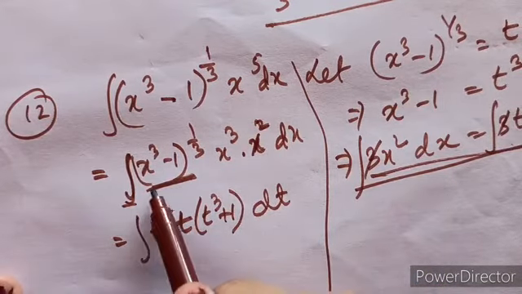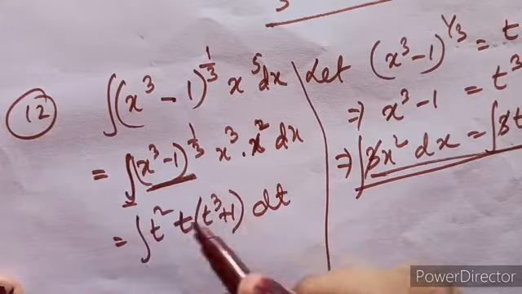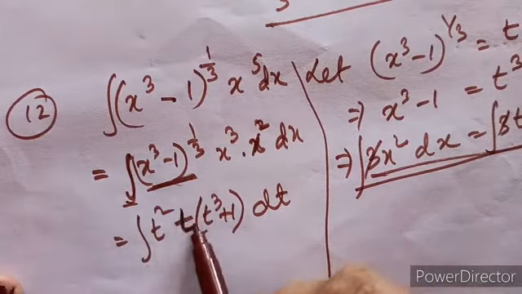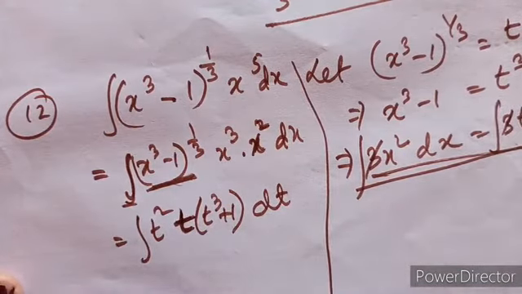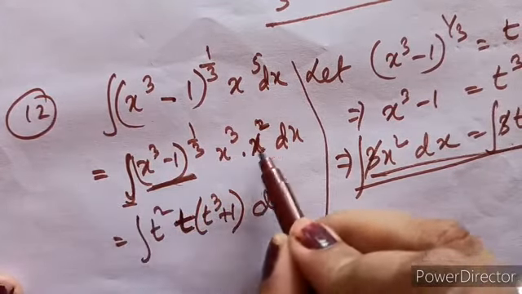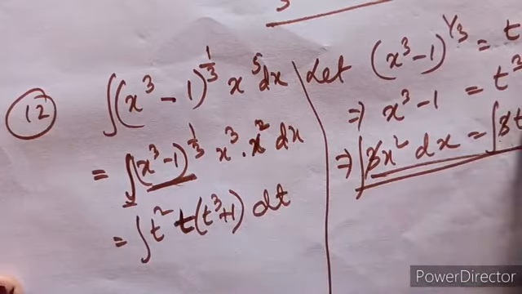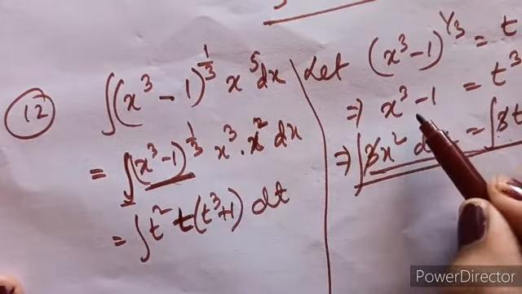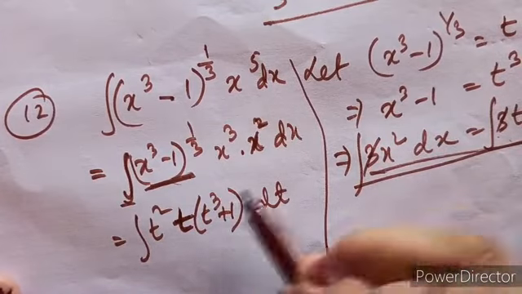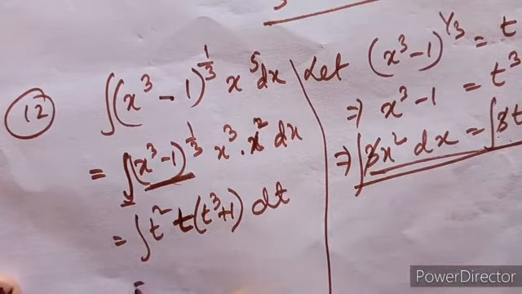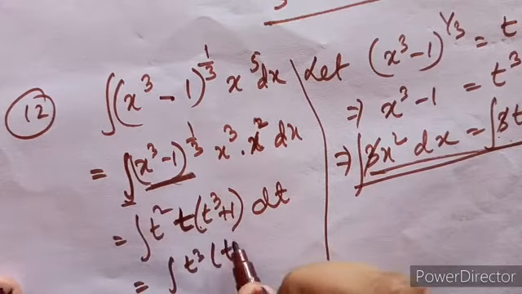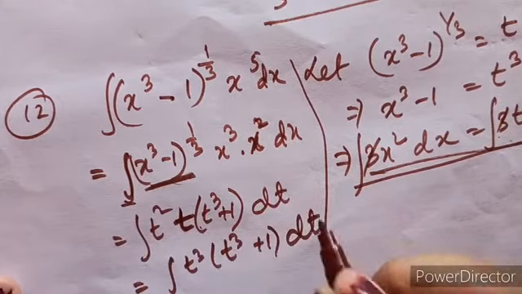All of you are trying to understand. This part I am writing t, so this will be simply t. Next, integration x square dx, I have substituted integration t square dt. And in place of x cube, I have to convert this function in terms of t. That's why I am writing t cube plus 1. So that means integration of t cube plus 1 dt.